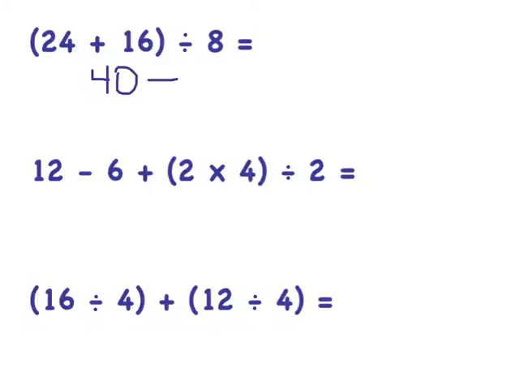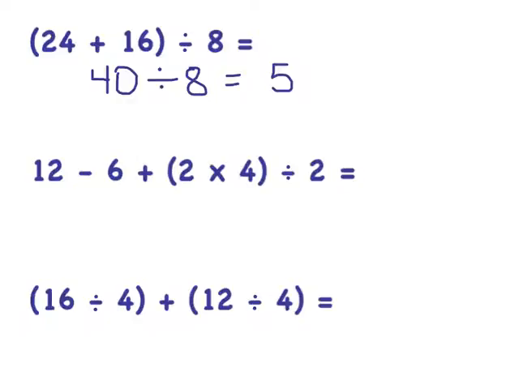And then bring down the rest of the problem. 40 divided by 8. Now, are there any exponents? No. Are there any multiplication and division? Yes. So I have 40 divided by 8, and my answer is going to be 5. All right, let's look at the next one.